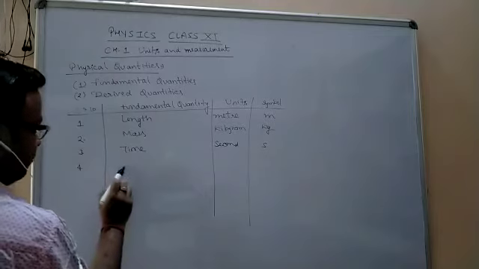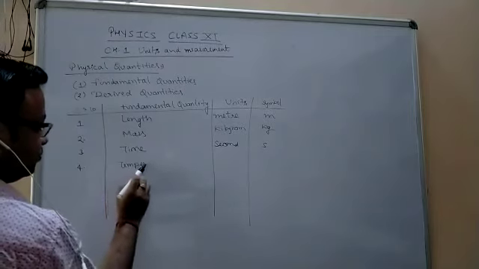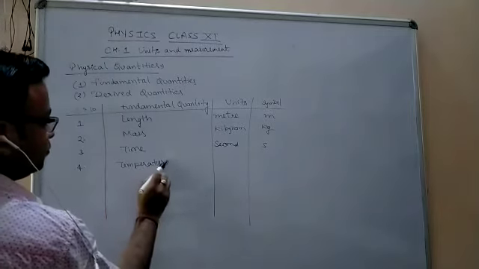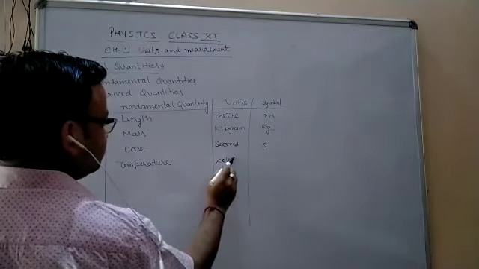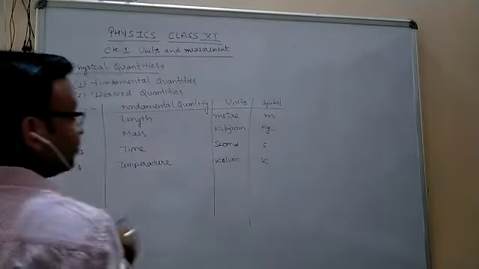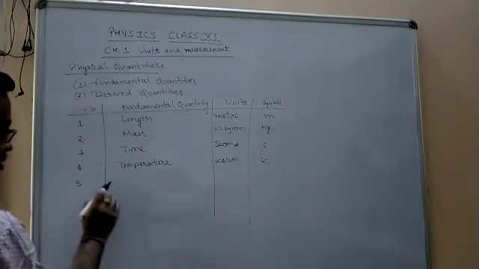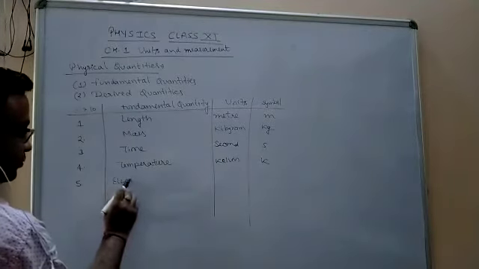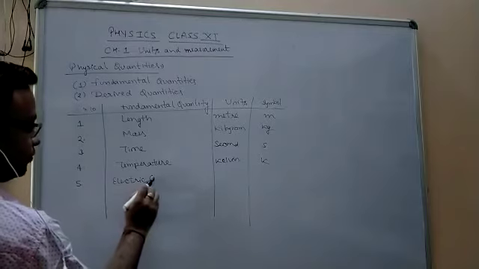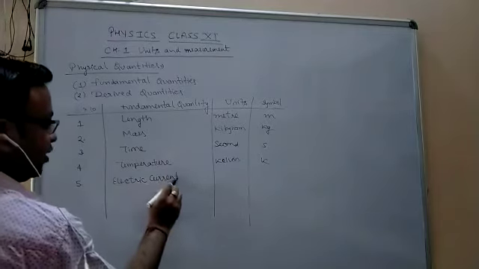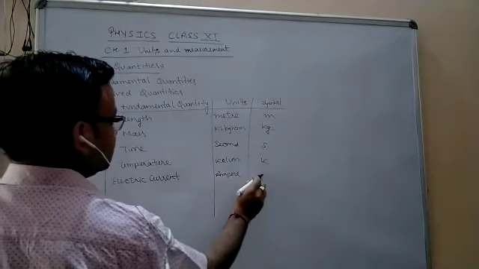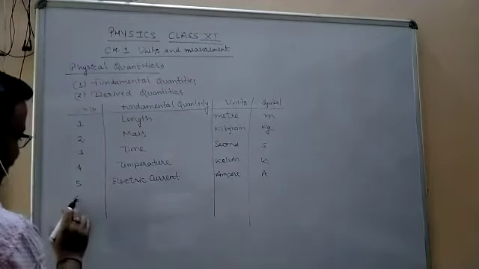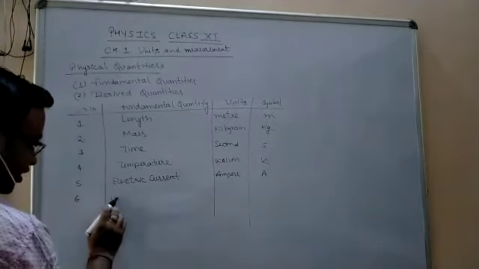Fourth is temperature, its unit is Kelvin, K its symbol. And fifth is electric current. Electric current unit is ampere, that is A. And sixth is luminous intensity.